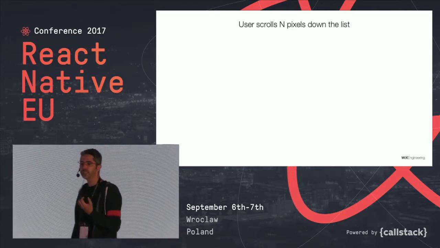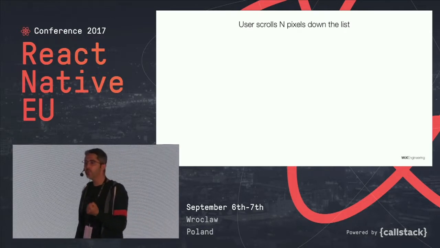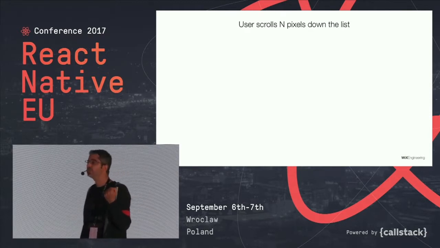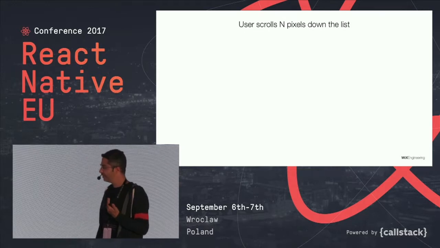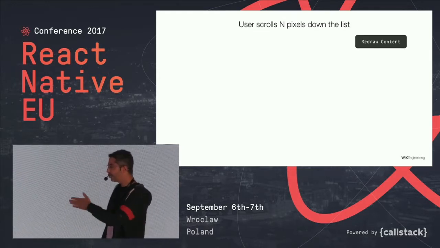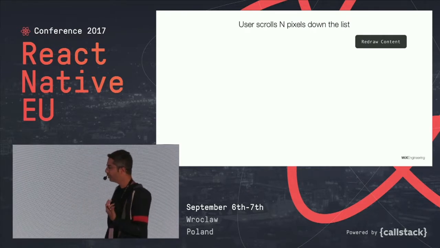And I want to show you the list example that I talked about. And I want to show you why this flicker originates from a fundamental boundary of how React works. So let's say that the user scrolls n pixels down the screen in a list. Okay, the exact use case I showed you before. And the right side is the native side in black, and the left side is the JavaScript side in purple.